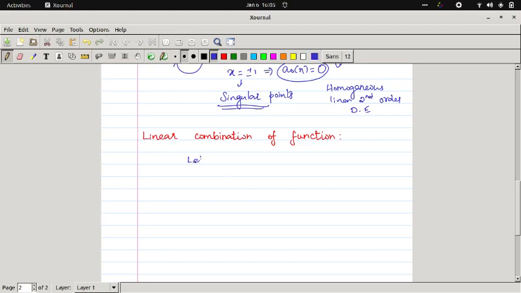Let f1 of x, f2 of x, and so on, f n of x be n functions.